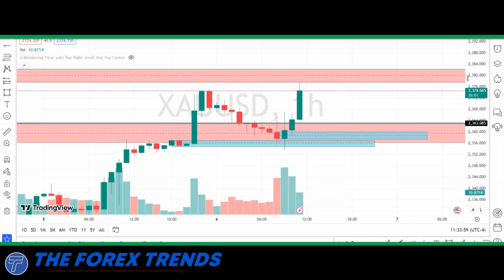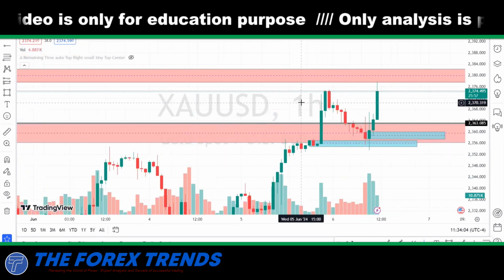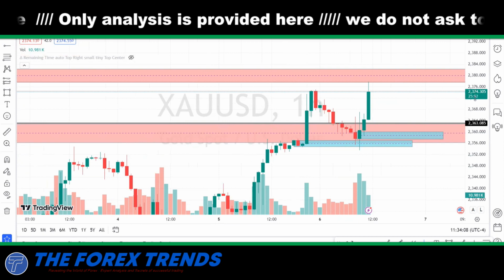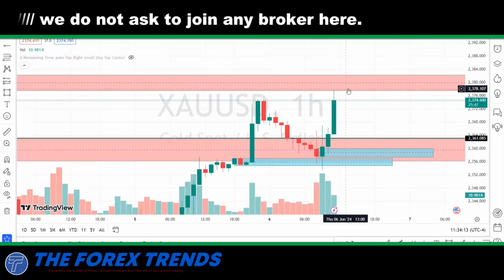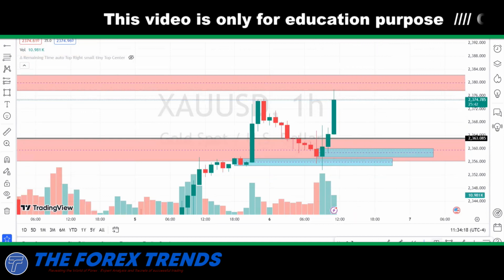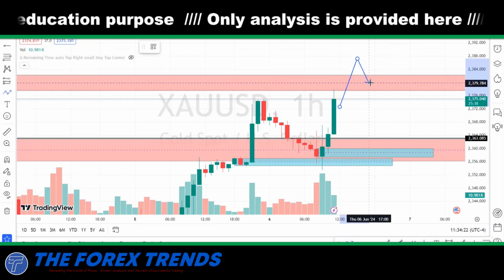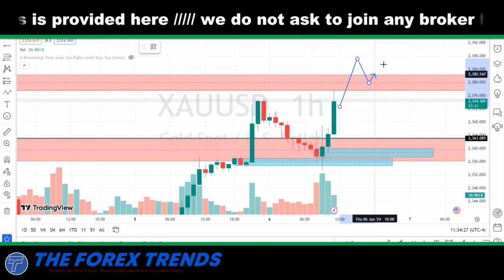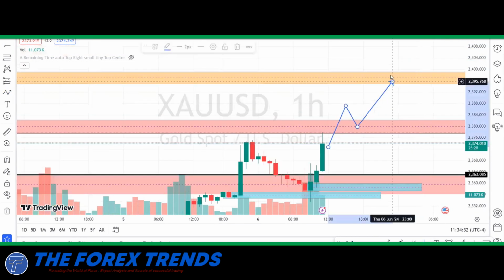If the market is able to break this strong resistance, that is the 2380 level, I hope it is not possible tonight, because we have big news tomorrow. It may be possible after the release of the big news scheduled for tomorrow. If the market breaks this resistance with momentum candles like this and retests the level again in a smaller time frame, we may initiate a buy from this level up to this level, and this is the 2400 level.